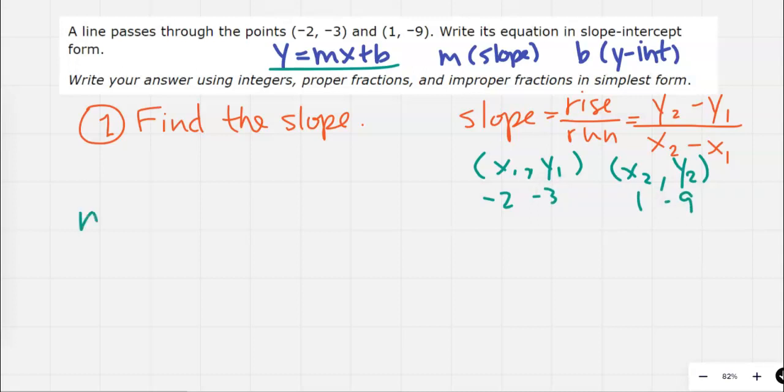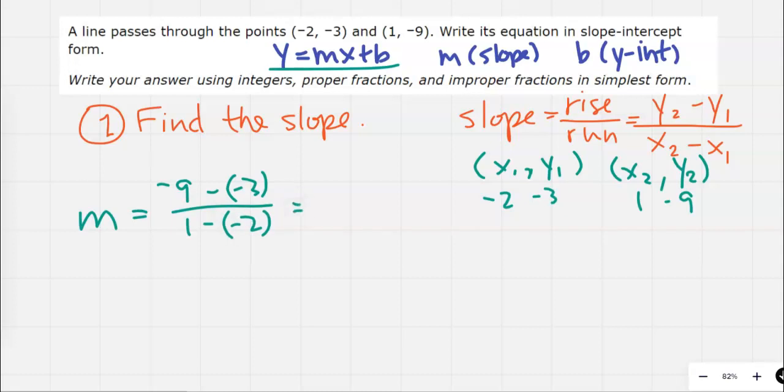Okay, so I've got the slope formula and I'm going to plug these pieces in. y2 is -9, minus y1, so that's minus -3, over x2, which is 1, minus x1, which in this case is -2. So it looks like this: -9 minus -3, all over 1 minus -2.